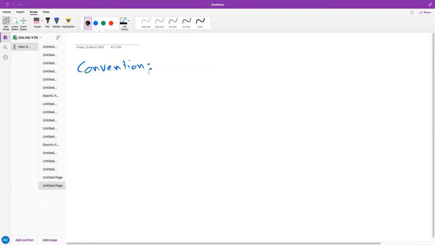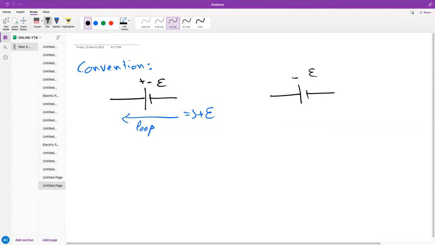Let's start with an EMF, with positive and negative terminals. If the loop direction is going from negative to positive, then the EMF will be plus E. If the loop direction is going in the opposite direction, from positive to negative, then the EMF will be minus E.